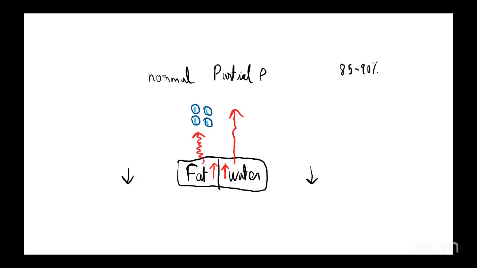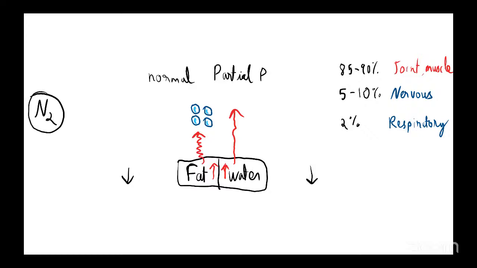Around 85 to 90% of the problems are seen in joints and muscles, 5 to 10% in the nervous system, and 2% can affect the respiratory system. Otherwise, most likely it's joint pains and muscle pains. Sometimes nervous system abnormalities can be there, or a respiratory problem. And the major problem is nitrogen.